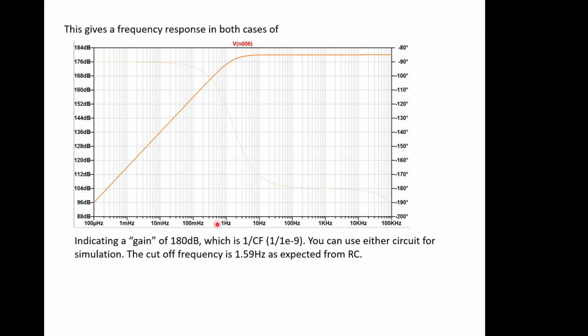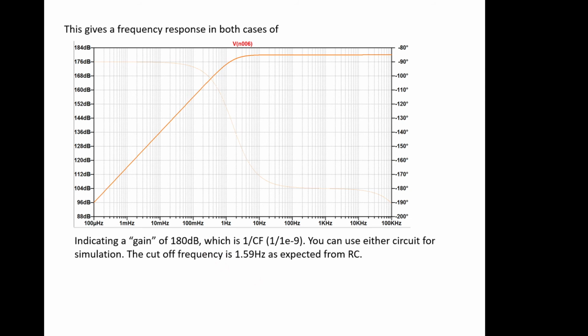In this case, it's about a hertz or so, and then a flat response. And it's the ratio of the two, or the ratio of this feedback capacitor, that is the gain factor, if you like. It's not a real gain because it's a charge to voltage conversion rather than a voltage to voltage. Okay, and the cutoff frequency is 1.59 Hertz as expected from R times C.